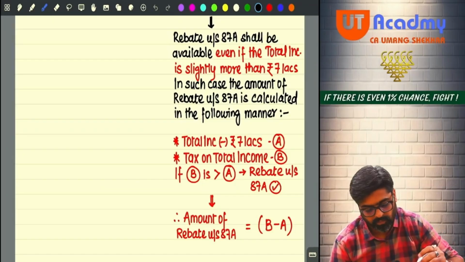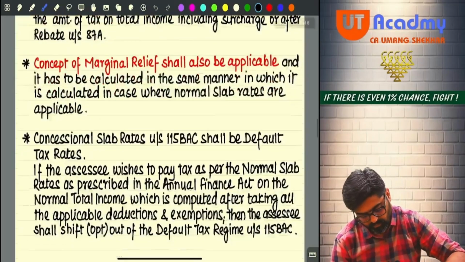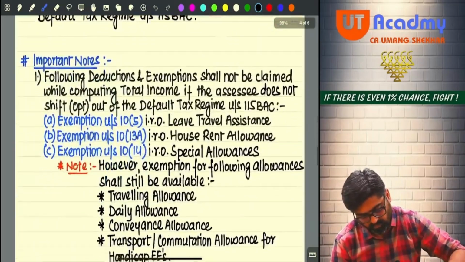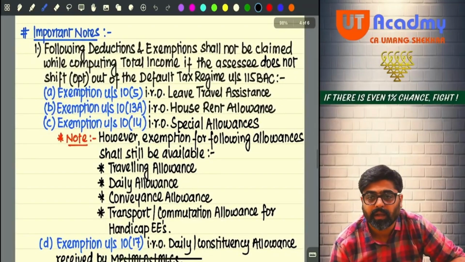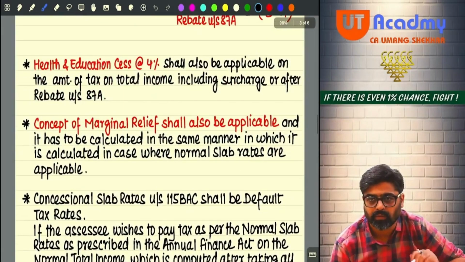Okay, so please pay attention. This is given in important notes. Note number 1. Can you see? But wait, before that, I would like to tell you this.